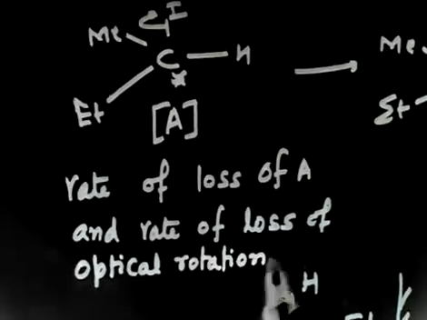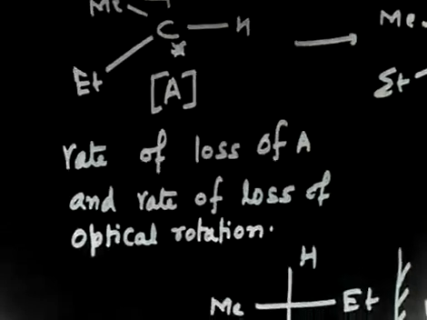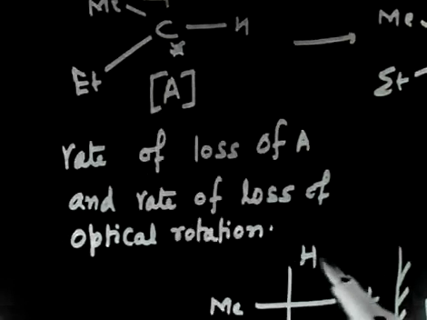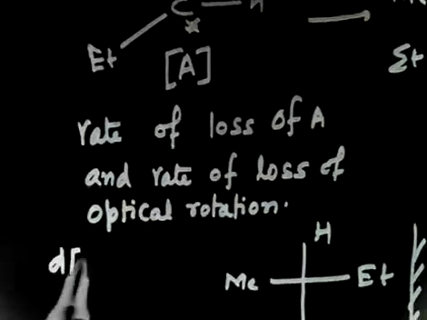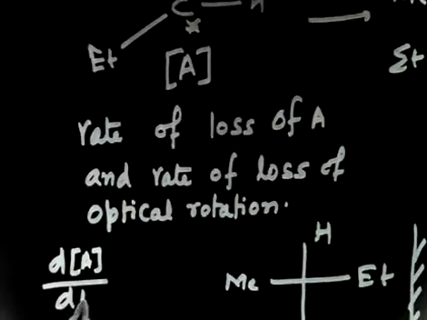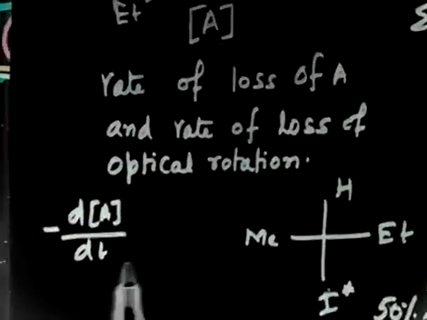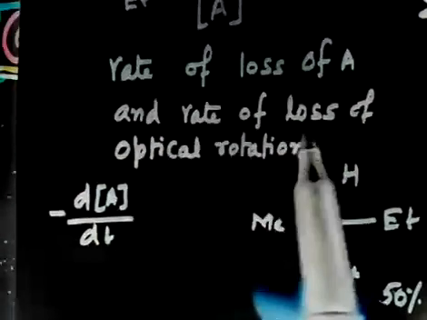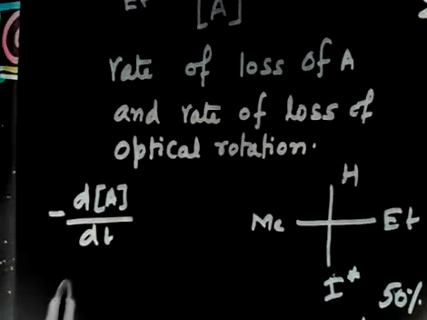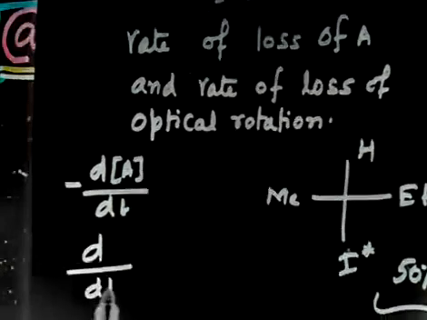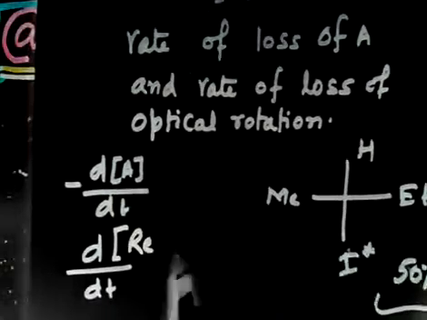So the rate of loss of A, the rate of decomposition of A, and the rate of loss of optical rotation, that is the racemization. You can say dA by dt, the rate of loss of A, and we can relate it with the rate of racemization.